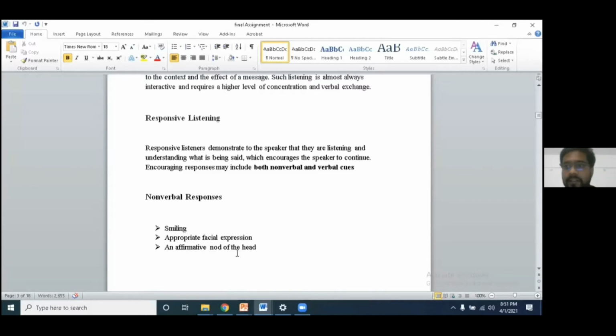That is appropriate facial expression. If we don't understand, we just shake our head, no. That is also a nonverbal response, where we never say anything from our mouth. We just shake our head or change our expression.